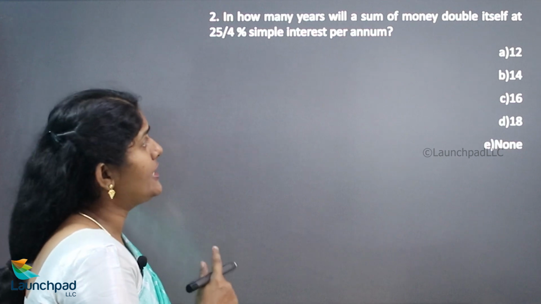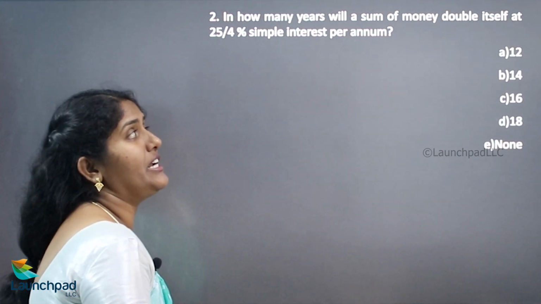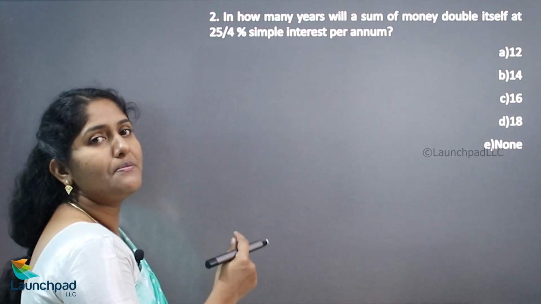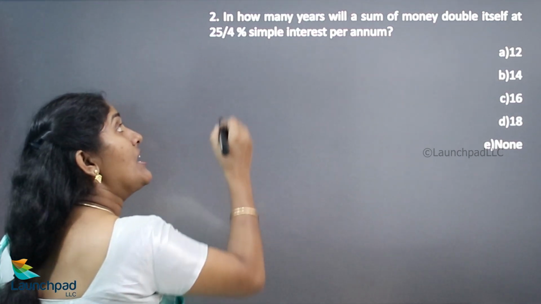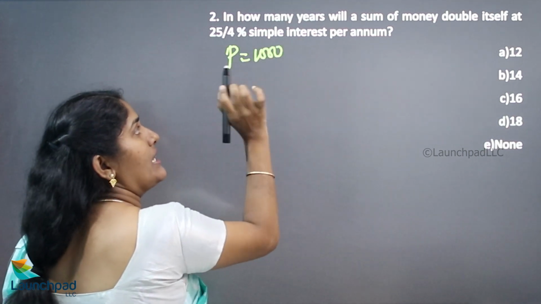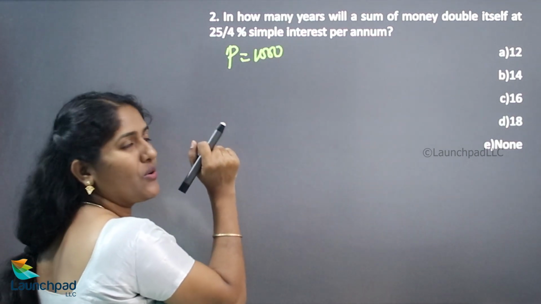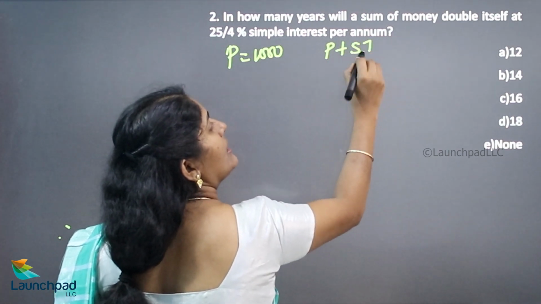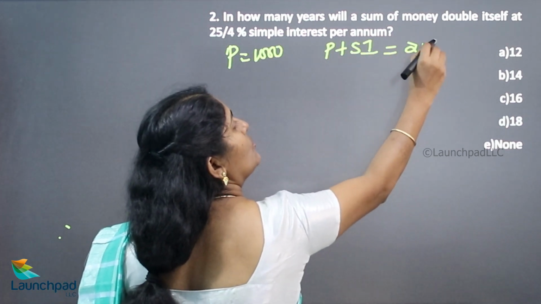In how many years will a sum of money double itself at 25 by 4% simple interest per annum? We can consider the principal amount as 1,000 rupees. We don't know that, but anyway we can consider it as 1,000. Therefore, principal plus SI, as it doubles, will become 2,000.